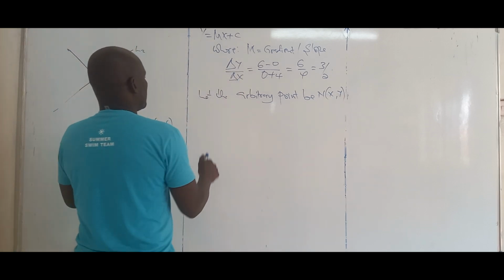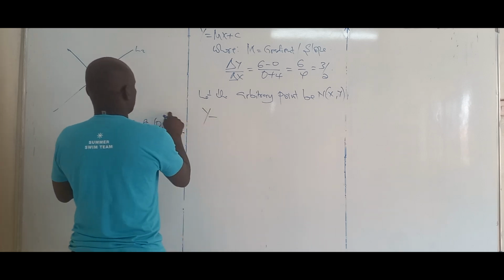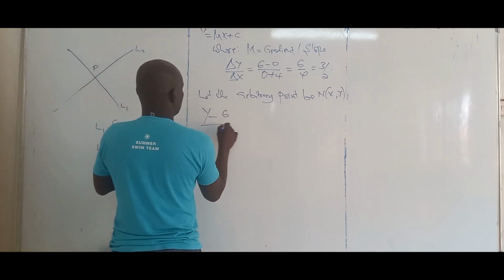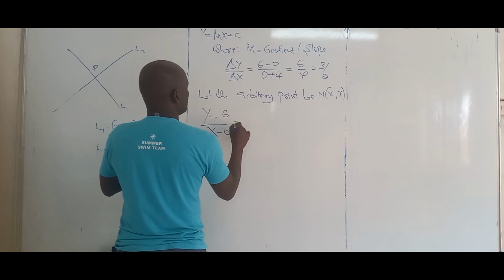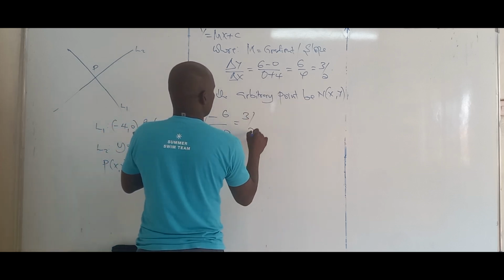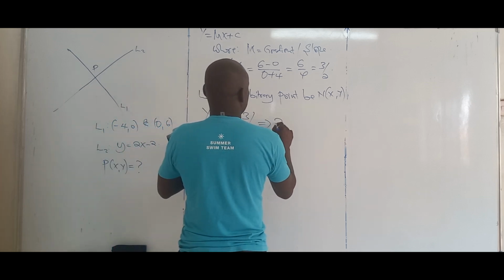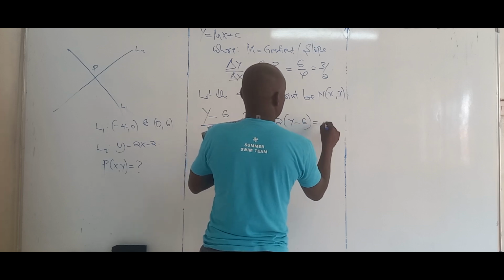So I would then say y minus 6, using this point, over x minus 0 should give me 3 over 2. If I cross multiply, it implies that 2 times (y minus 6) is equal to 3x.